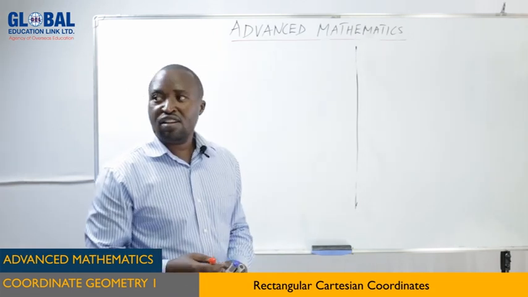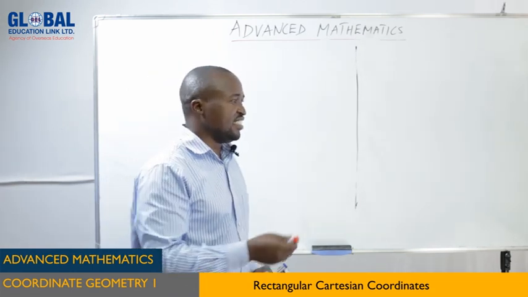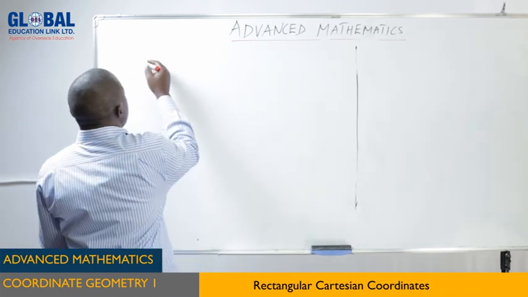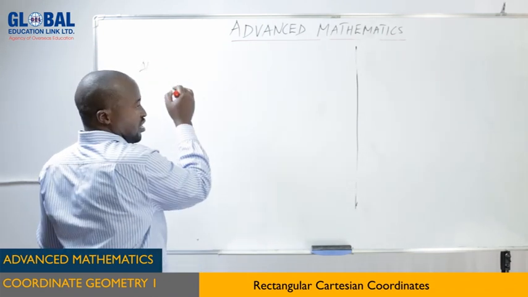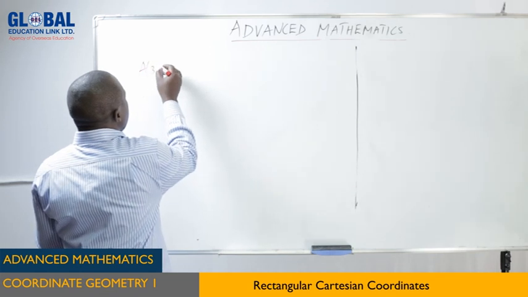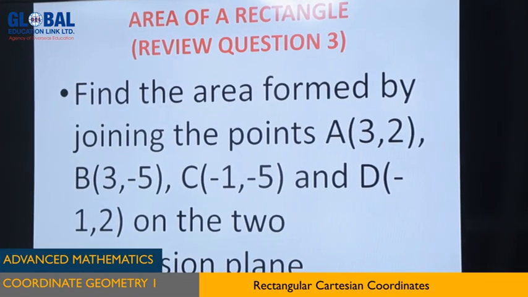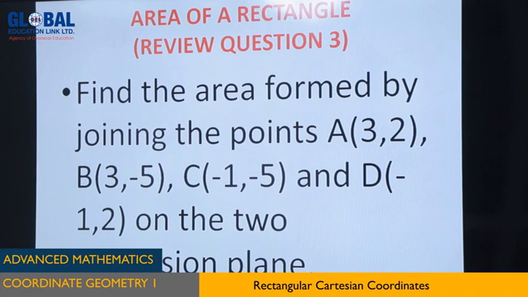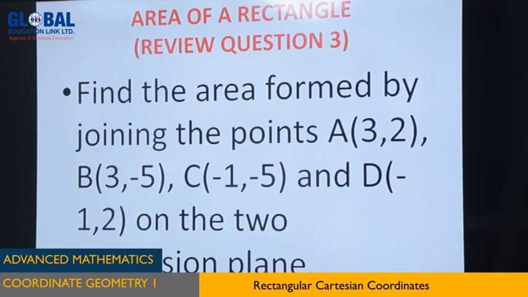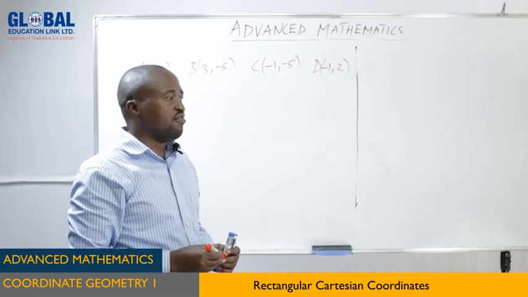So we have 4 coordinates. That is coordinate A, that is 3, 2, followed by B, that is 3, -5, followed by C, -1, -5, and D, that is -1, 2. Those are the coordinates we have.